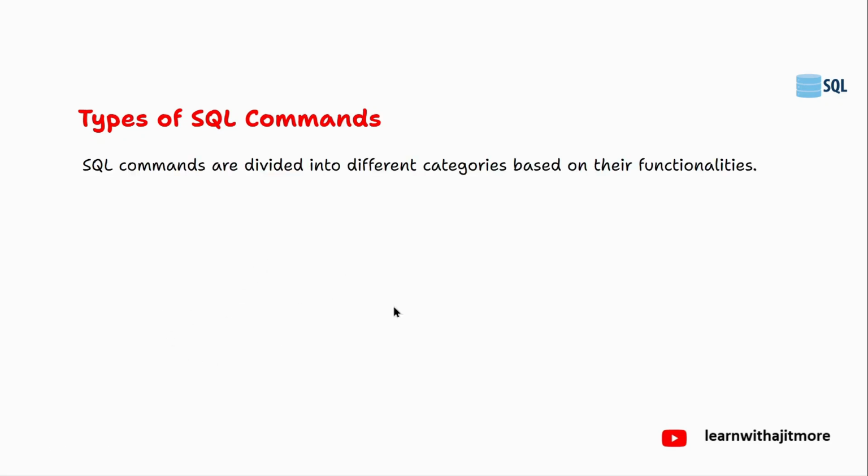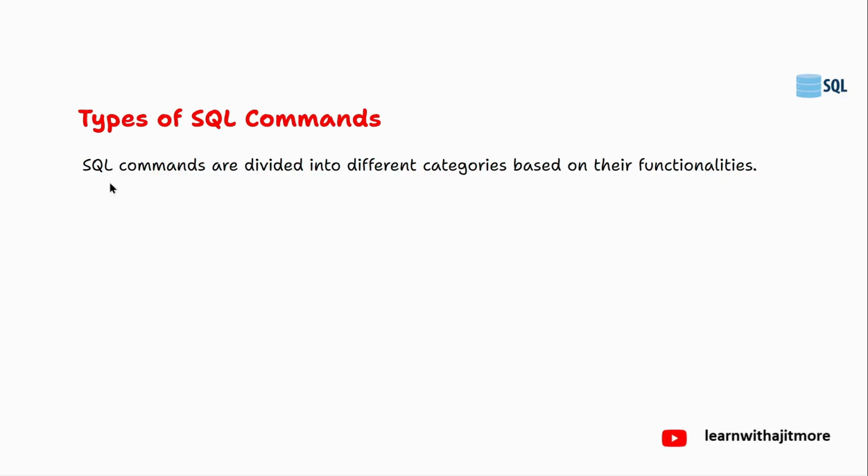Then I told you about the different categories of SQL statement. We'll just go through them. And now in today's session, we'll start discussing all these commands one by one. So yesterday I told you there are five categories. One is data query language, data manipulation language, data definition, data control, and transaction control.